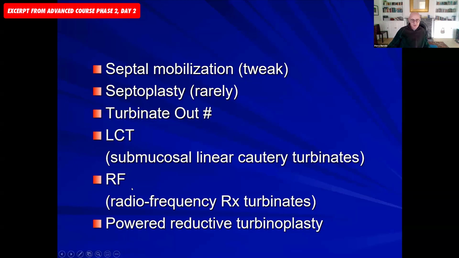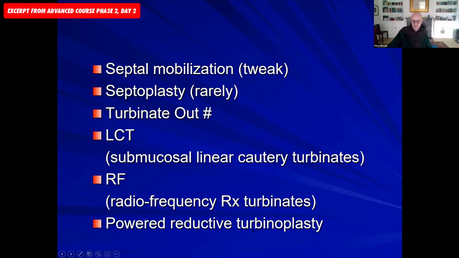More recently, we've been doing what's called RF, or radiofrequency treatment, which is basically a bipolar treatment. Again, that gives you a little bit of added shrinkage, and a lot of slough over the turbinates, which is almost like a second-degree burn. You suction that out in about a week, and their airway is a lot better. And then we've got what I do more in adults, which is a powered reductive turbinoplasty.